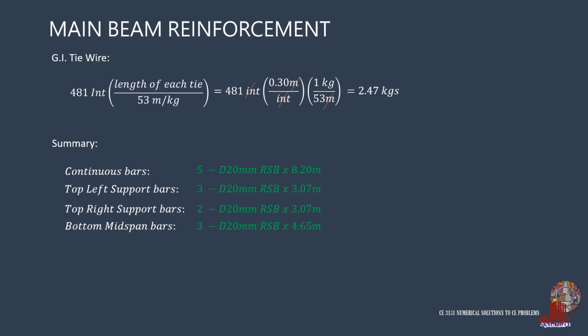With the same lengths of bars at the supports, we can summarize them as 5 D20 RSB by 3.07 meters. Next is 56 D12 bars by 1.696 meters stirrups, tied by 2.72 kilograms of gauge 16 GI tie wire.